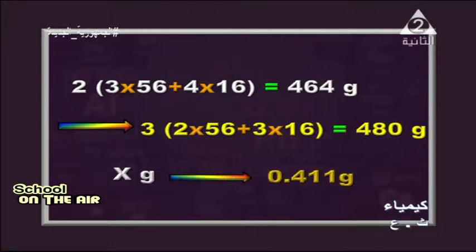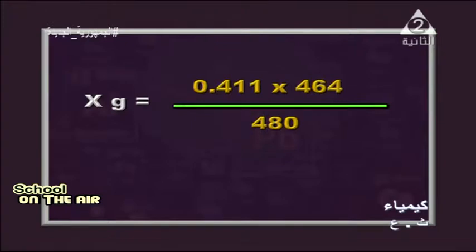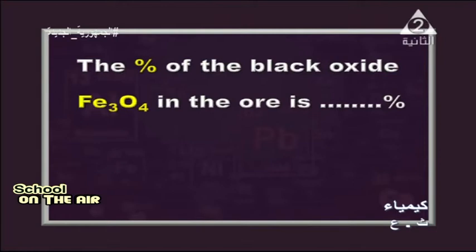Then x gram will give 0.411 gram of iron(III) oxide. So the mass of the magnetic iron oxide will be 0.411 times 464 over 480, which equals 0.3973 gram.